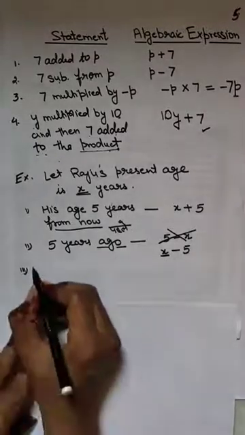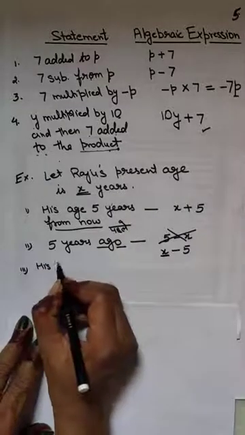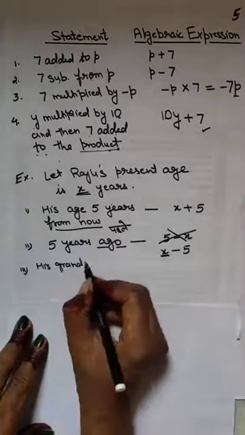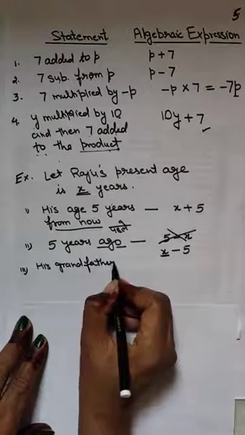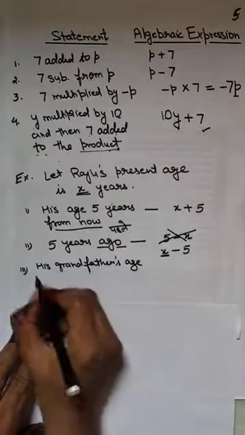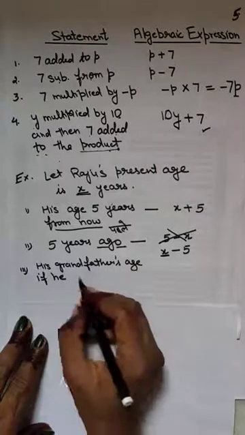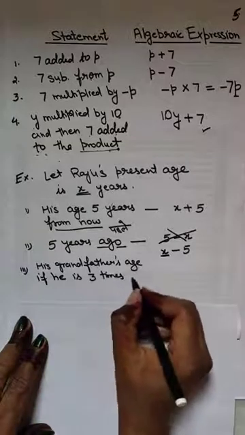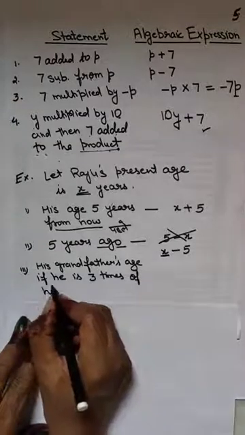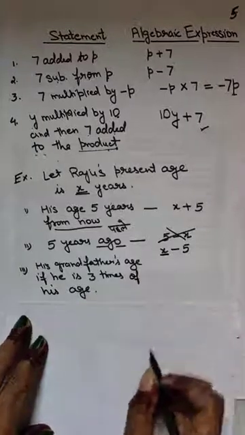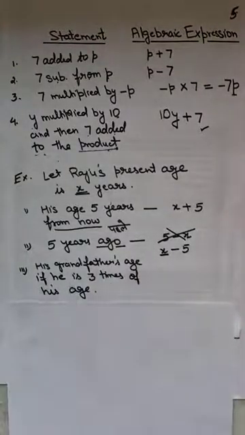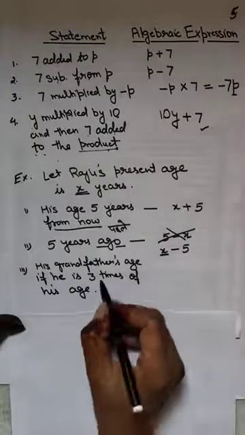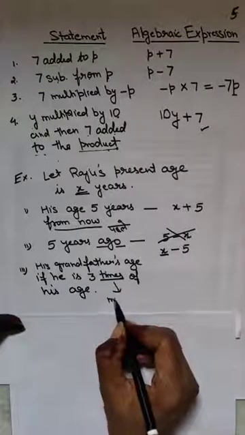Now, you have to tell his grandfather's age if he is 3 times his age. Times means multiply.